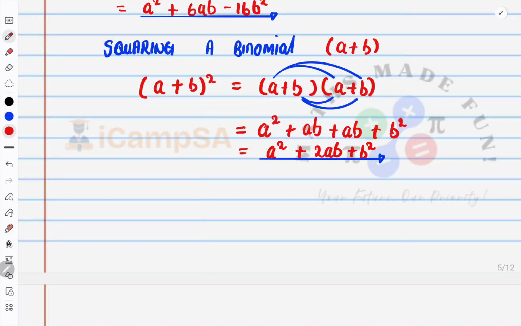Maybe to write that down. When squaring a binomial, what do we do?